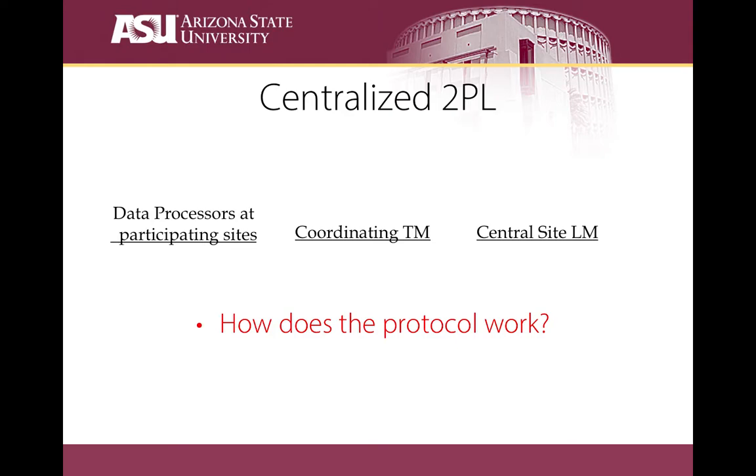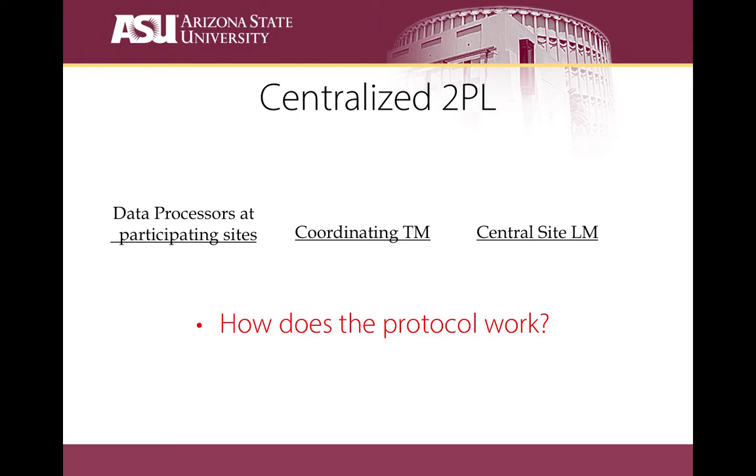So you have participant sites, or data processors. What I mean by participating here is that we have so many sites, but only a subset of them participates in a transaction, because these are the sites that have the data needed by this transaction. So, participating site.